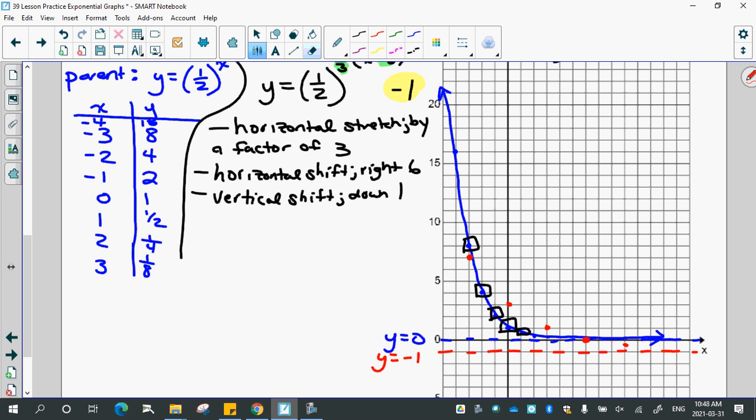And then I know my patterns, every 2 I get closer to the asymptote. So 2 over, closer to the asymptote. 2 over, closer to the asymptote. And then you can connect them. There's the ends.